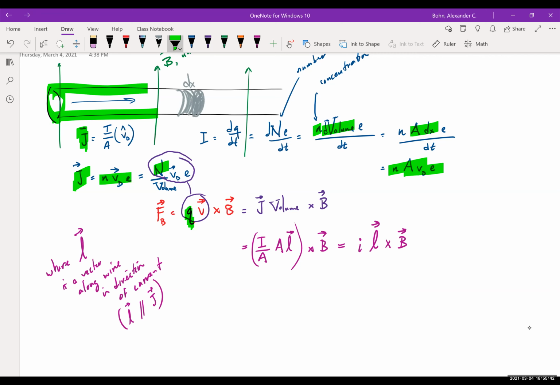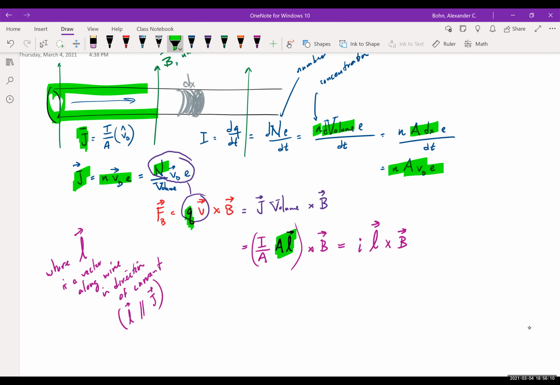Now, if we solve for the thing that's circled in purple here, it's the current density J times the volume. But the volume is, again, area times length, where in this case, we're talking about the entire length of this particular wire.